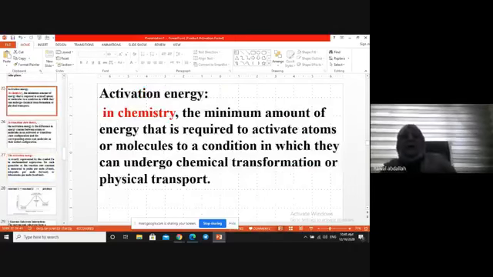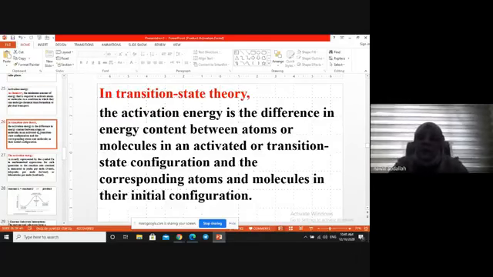This is the definition of activation energy in chemistry. But its definition in transition state theory is: the activation energy is the difference in energy content between atoms or molecules in an activated or transition state configuration and the corresponding atoms and molecules in their initial configuration.